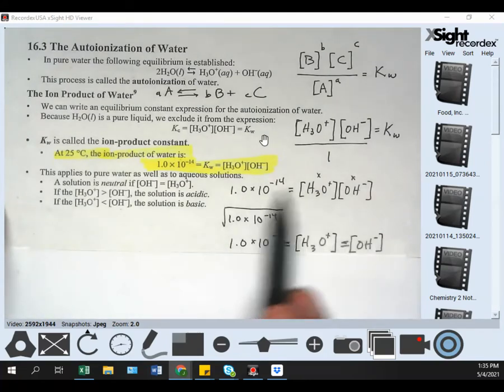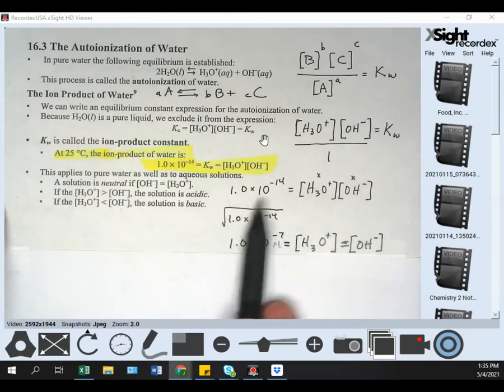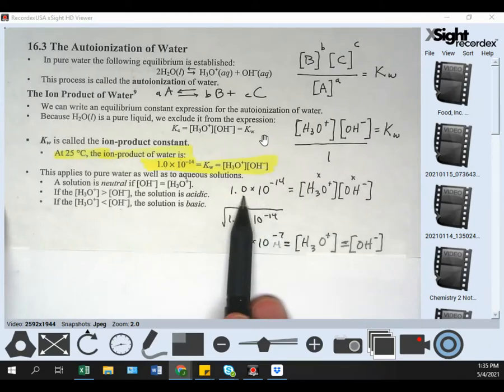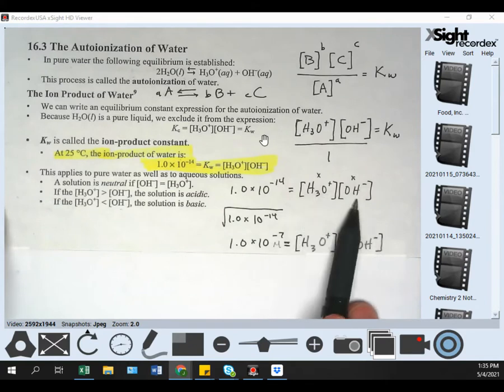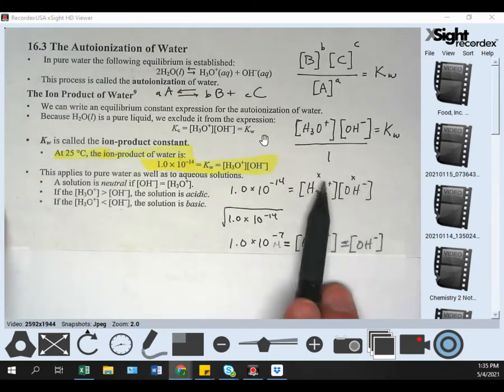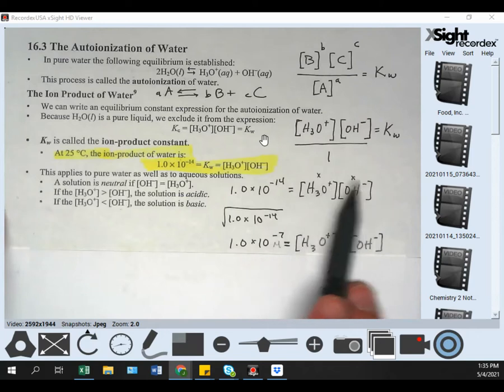If this is the total Kw, the 1 times 10 to the negative 14th, it equals your hydronium times your hydroxide. If they're the same, I put x's over them to give you the idea that they're the same thing, like if they were both x. So you have x times x, which is x squared.